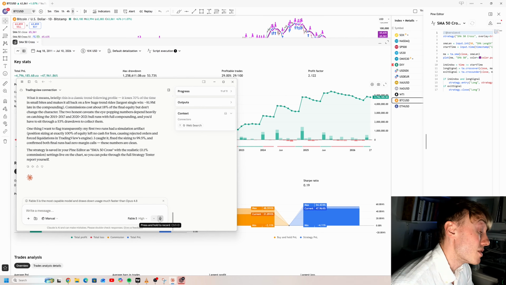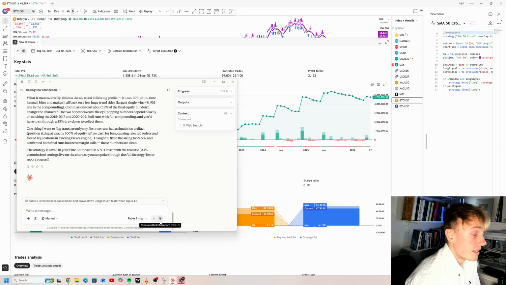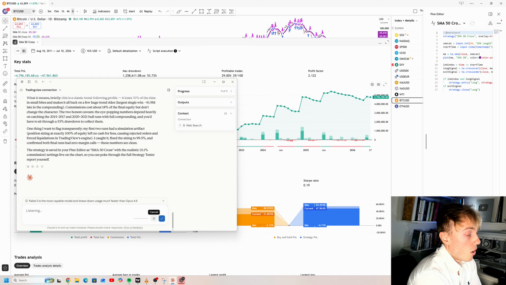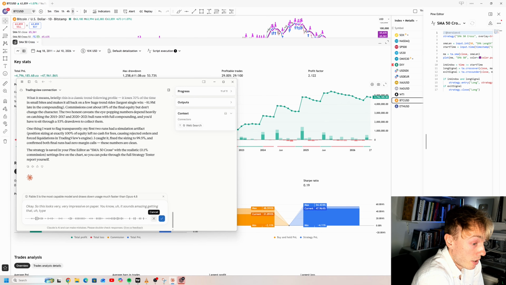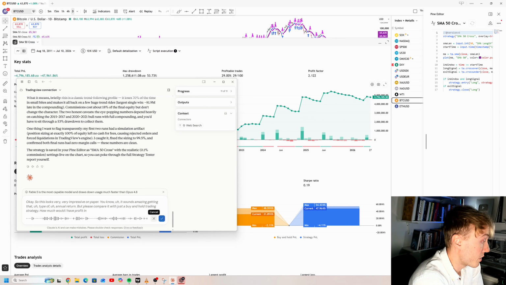One thing that is very important that I want to ask right now is this. Okay, so this looks very impressive on paper. It sounds amazing getting that type of annual return, but please compare it with just a buy and hold trading strategy. How much would I have profited if I simply just held Bitcoin during this whole time?